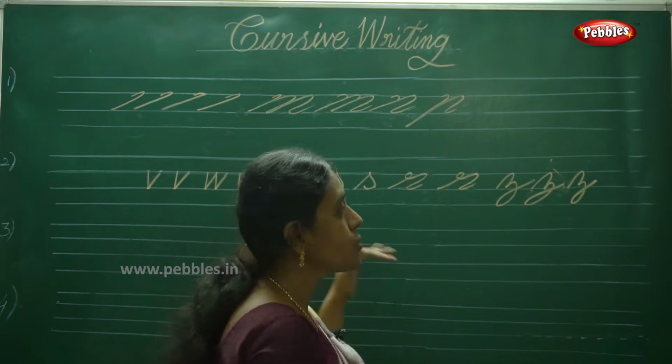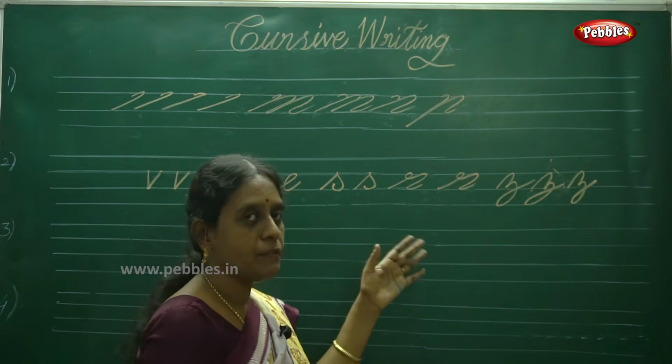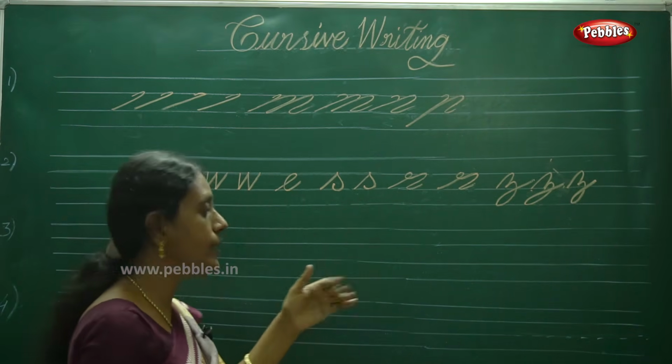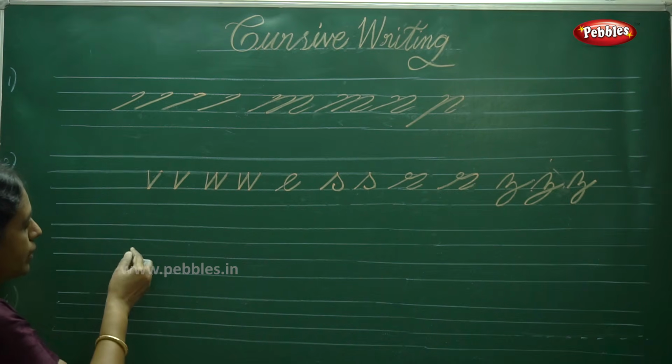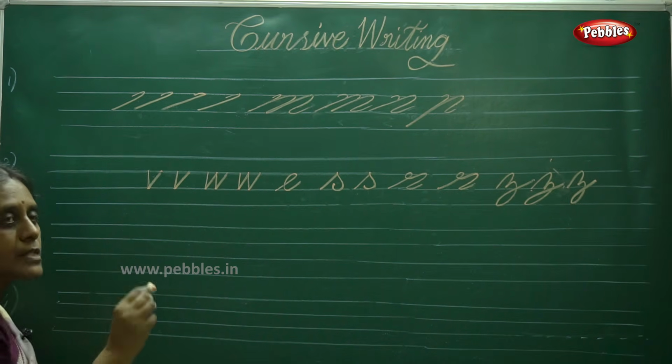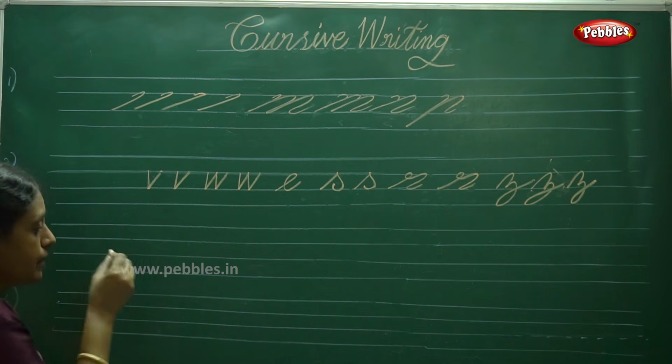Again I am going to write from A to Z with reference to the previous letter strokes. Okay, listen here. Now we are going to write from the first alphabet A. Where does it come from?